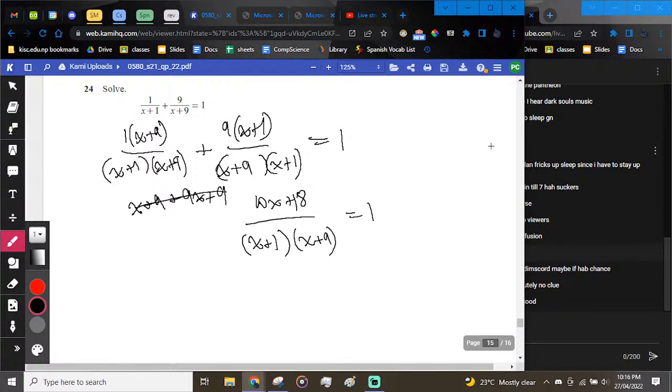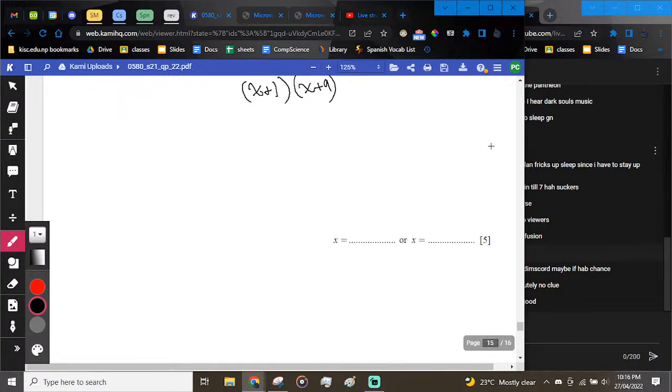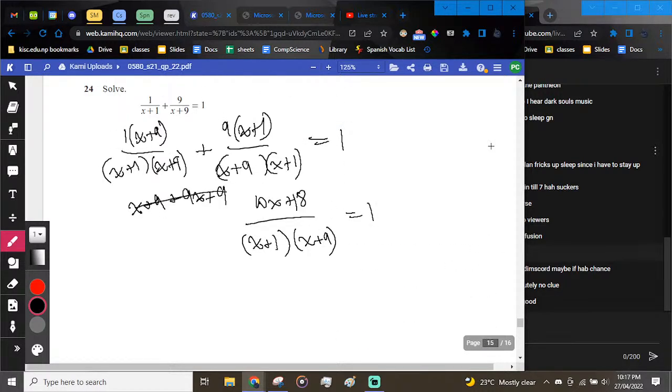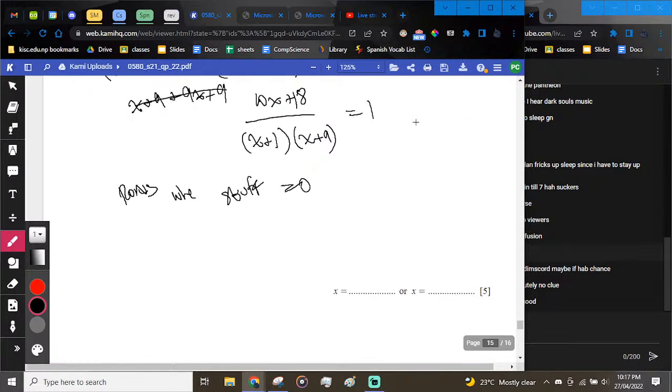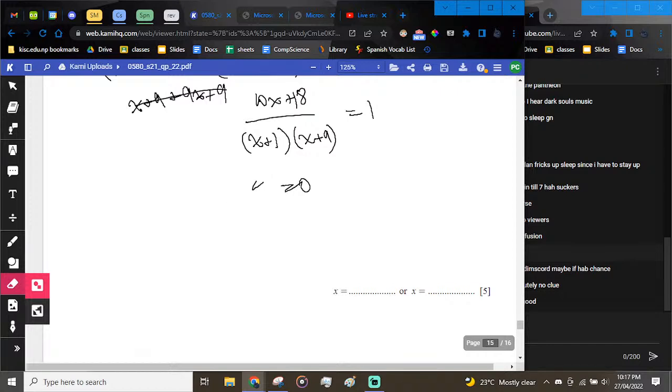One. Thumbs up. It's 1. It's asking for solve. Solve means points where stuff equals 0. This can't be 1 because it needs to be 0. Fun fact: stuff does not equal 0. Stuff equals 1. Let's change that.